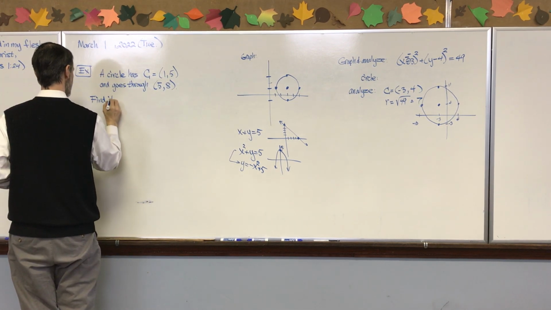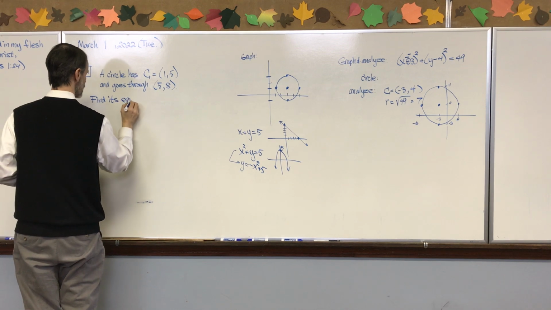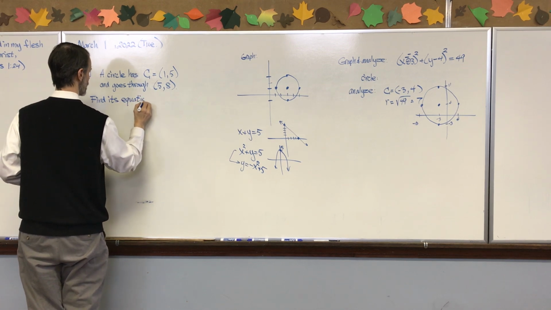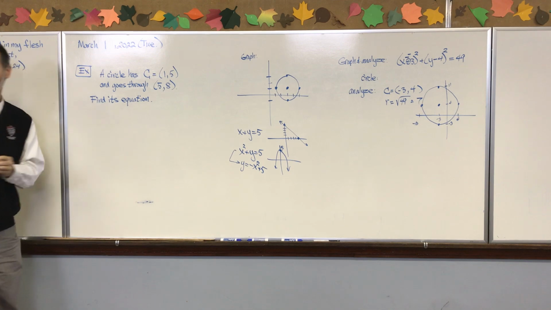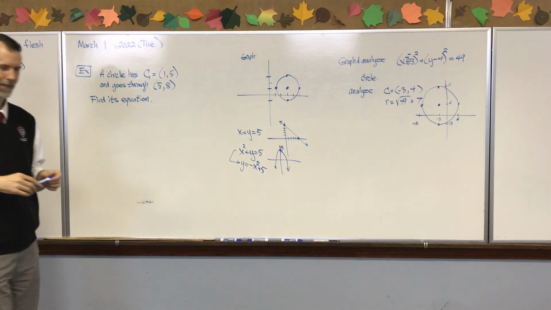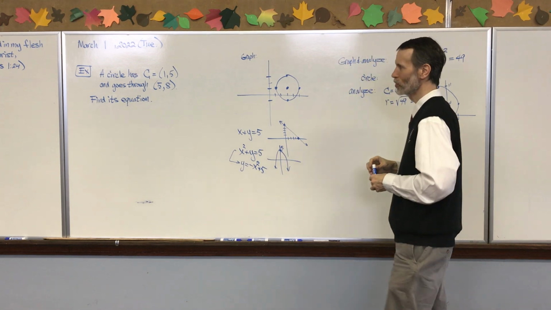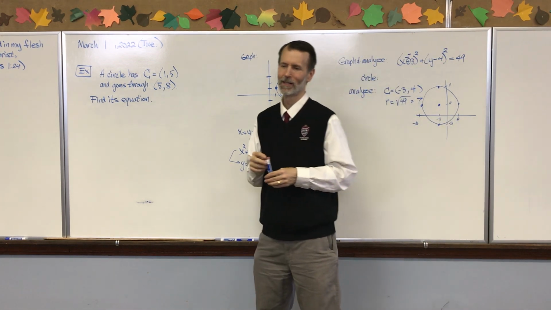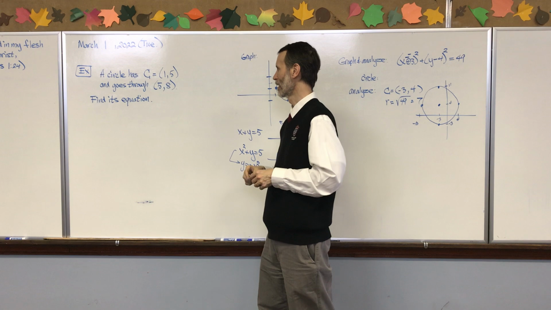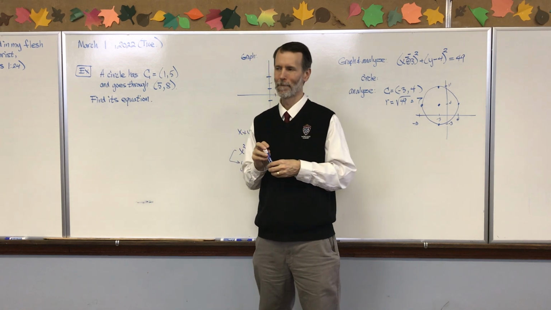Find its equation. Go ahead and write that down. A circle has a center of 1, 5 and goes through the point 5, 8. The actual circle goes through 5, 8. Find the equation of the circle.